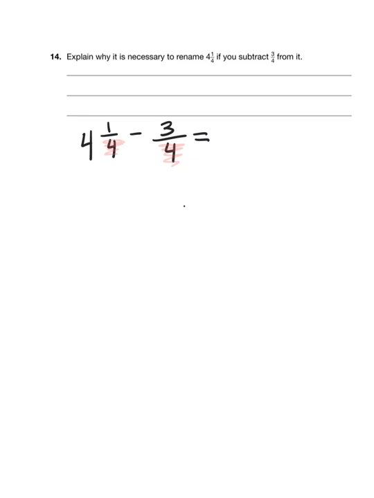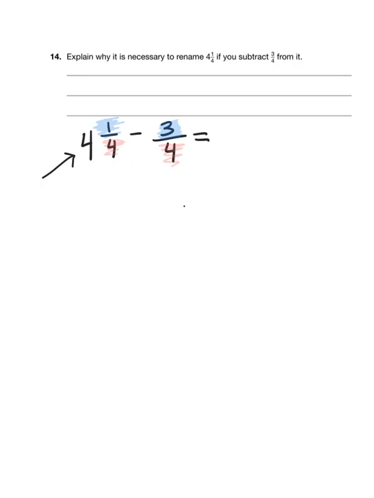I can subtract 3/4 from 4 1/4 because I know that 3/4 is smaller than 4 1/4, but it gets a little bit tricky here because I have a numerator that's bigger than my other numerator. So this is why it's necessary to rename this fraction in order to make it easy to subtract.